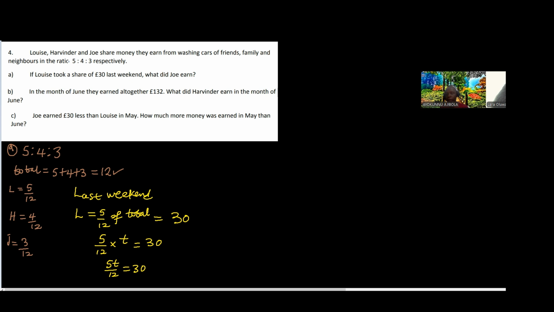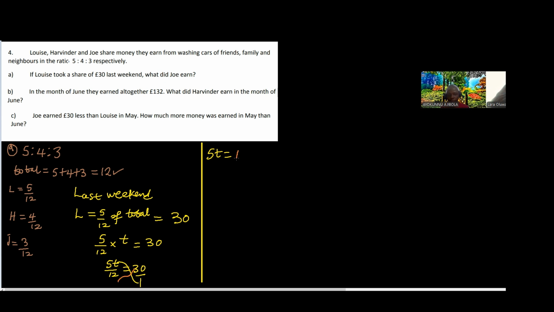This time we want to find the total, because the question asks what Joe earned. When we get the total, we can get Joe's share. So I will find the total first. I will cross multiply: 1 times 5t is 5t, and 12 times 30 on the other side.